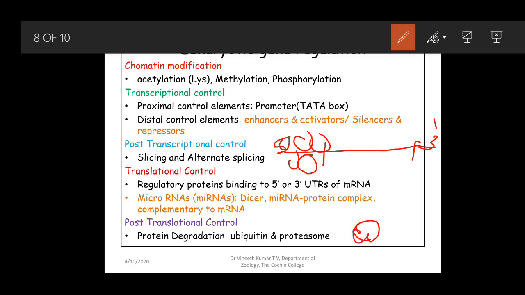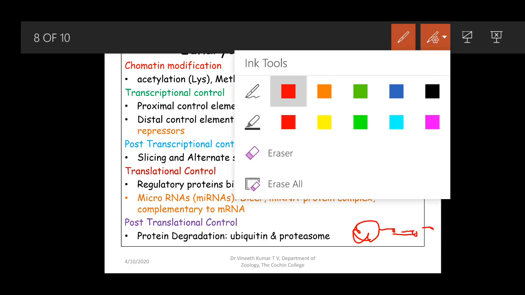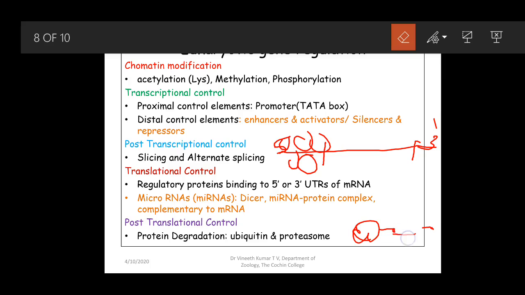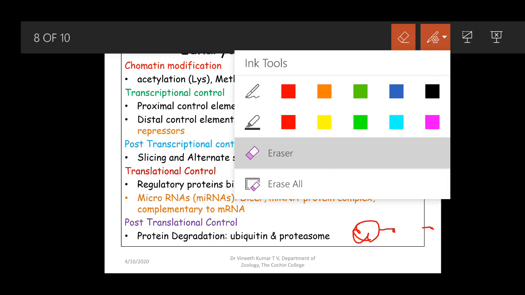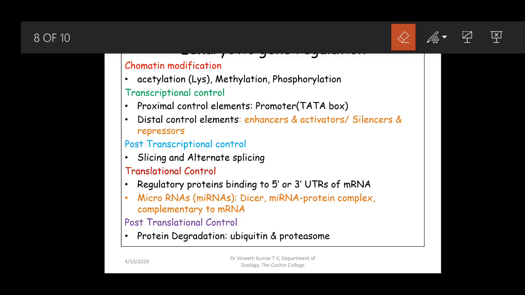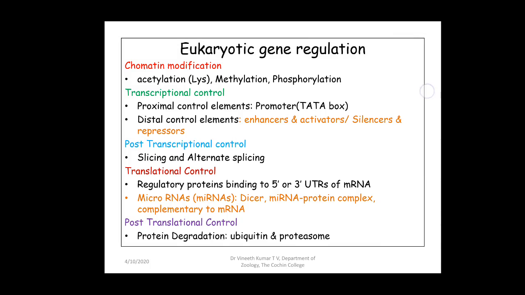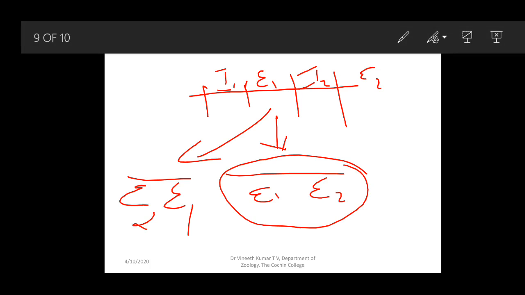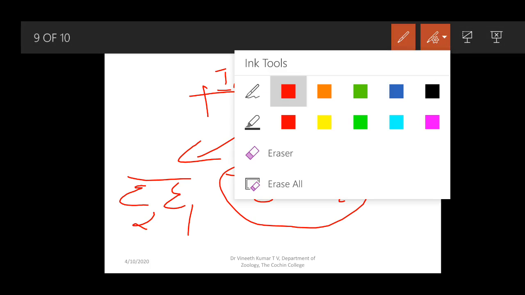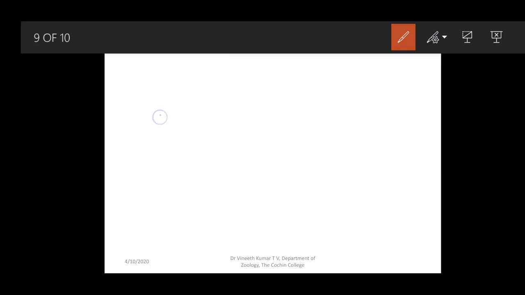So say this is a protein that is to be degraded. What occurs is now I am going to add many beads. Consider it as a string like this. So I am taking a protein and this protein is to be degraded.